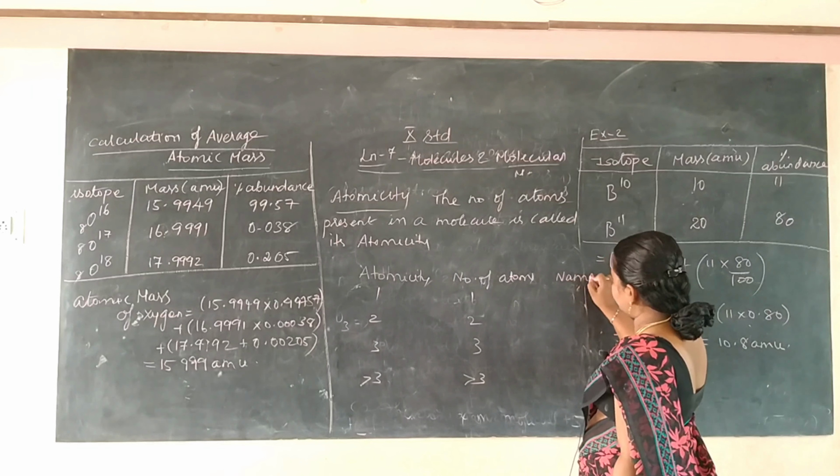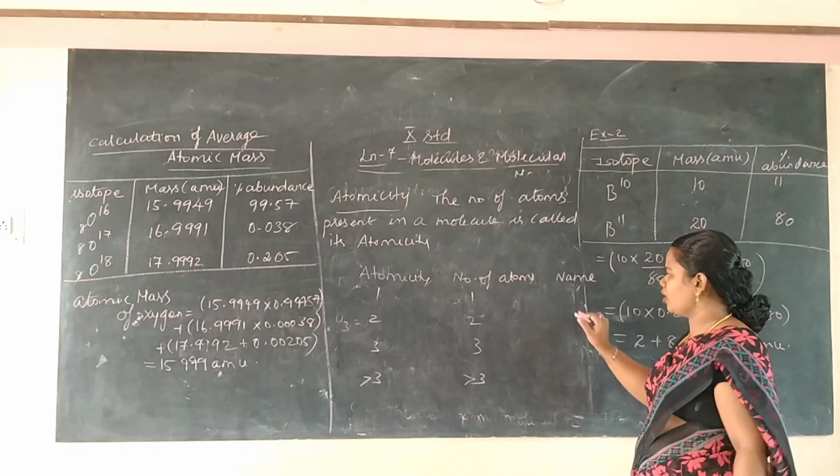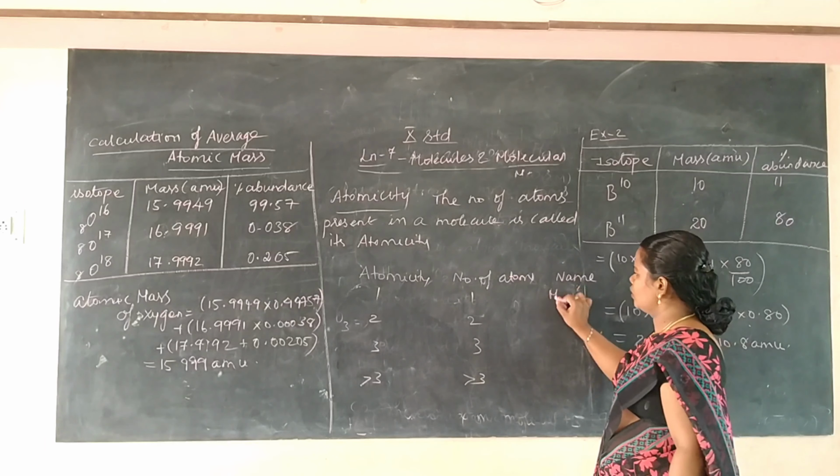When the atomicity is 1 and the number of atoms is 1, it is a monoatomic molecule. When the atomicity is 2 and the number of atoms is 2, it is diatomic. When the atomicity is 3, it is called triatomic. And when the number of atoms is more than 3, it is known as polyatomic.